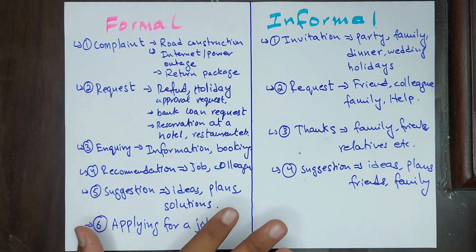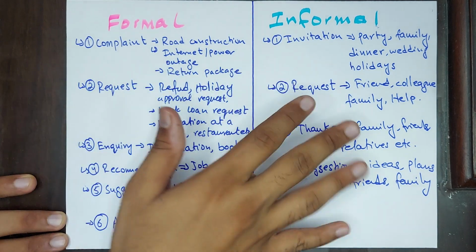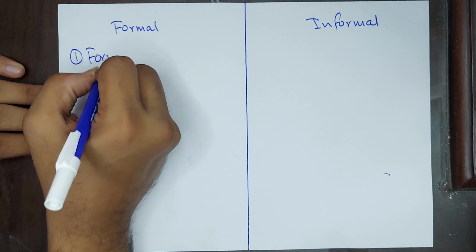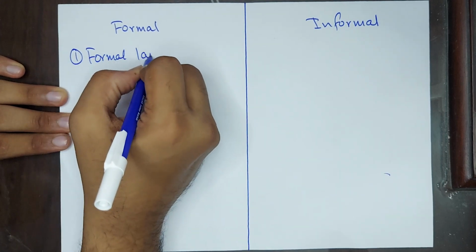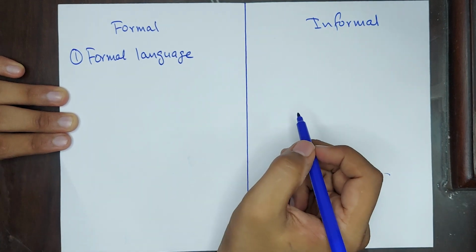Now we're going to talk about the writing style and the difference between formal and informal. When it comes to formal, you have to use a formal language. It is simple, clear, and easy to use.